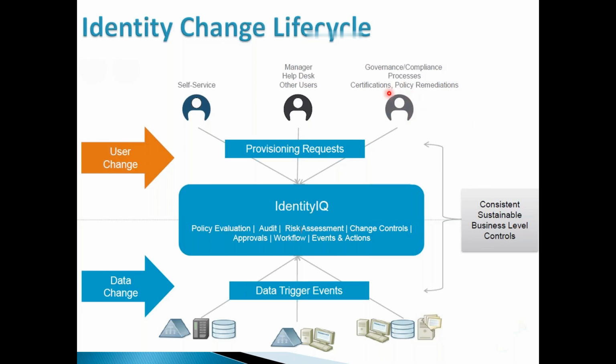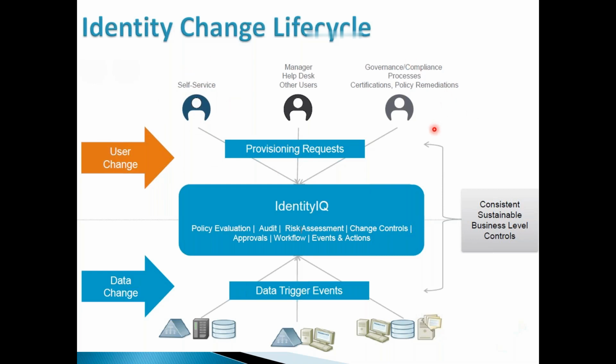Based on these three, in SailPoint, we are going to raise a provisioning request accordingly, whether it is add, remove, or any kind of provisioning request. We raise it under IdentityIQ, and IdentityIQ will provision those automatically or create a work item to complete that particular action. So this is the one way. It may be self-service, it may be ServiceNow also, it may be a SailPoint system also. So this is a user change, where the user will go and raise the request.